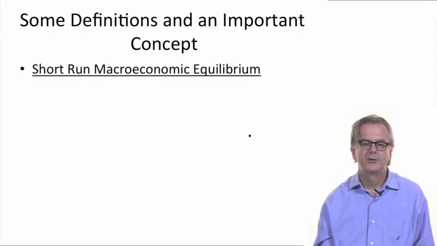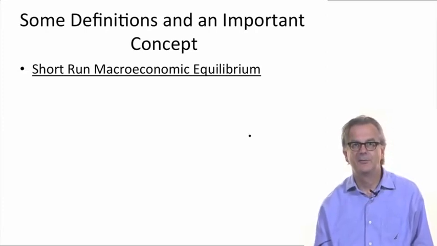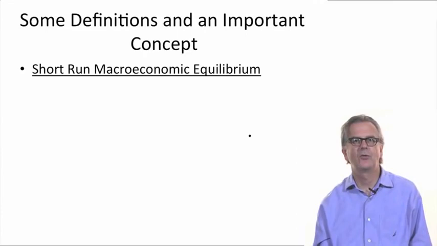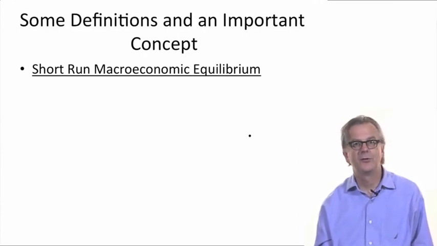And now the concept, short-run macroeconomic equilibrium. It's so important to realise that this is, in one sense, a different concept of equilibrium to what we have seen previously. Previously, we thought about equilibrium as being prices adjusting to secure coordinated decision-making between consumers and producers, or between households and firms, we would say in this instance.